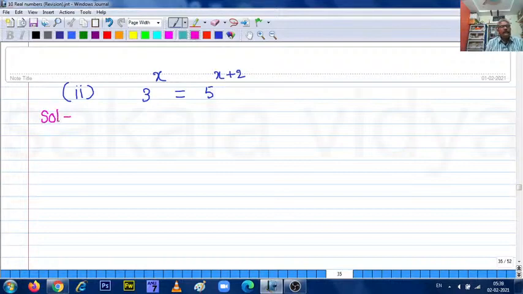Solution. Here given, what is given? 3 power x equal to 5 power x plus 2.